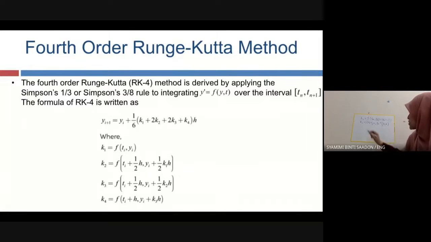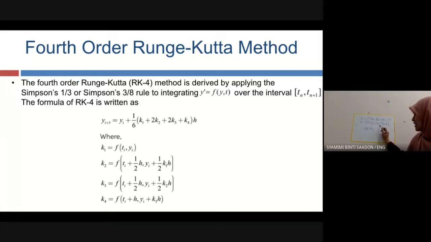If we substitute the value, t0 is 0, h is 0.5, so 1/2 h is 0.25. So 0.25 plus 0 is 0.25. This is the first term, 0.25.